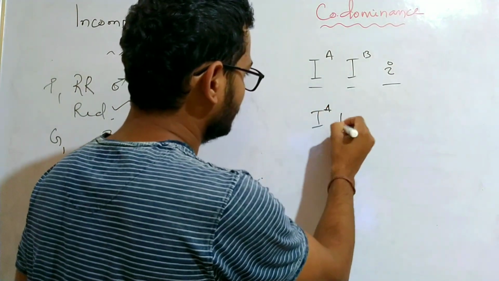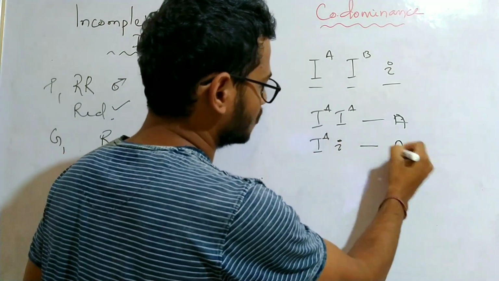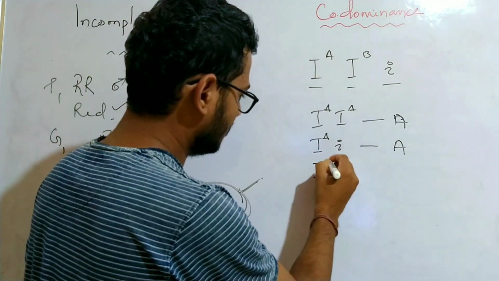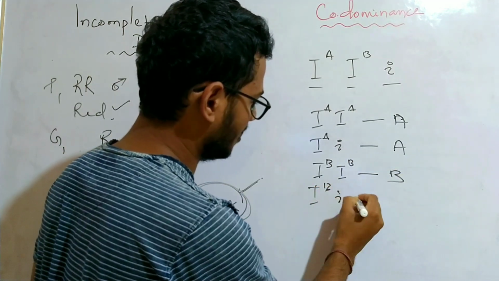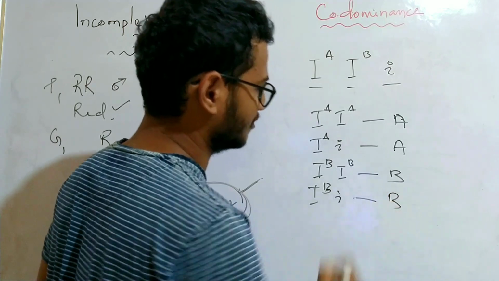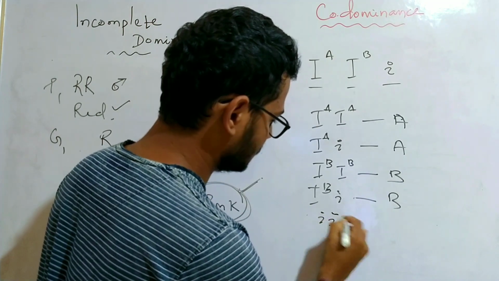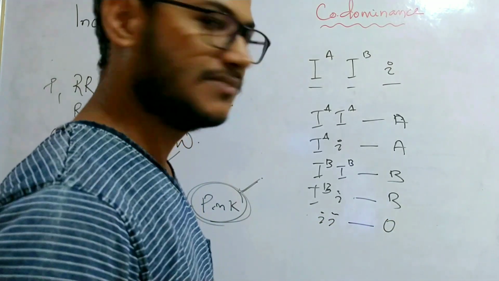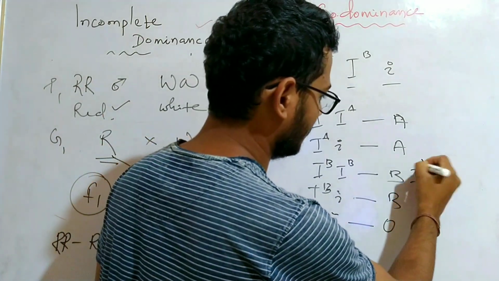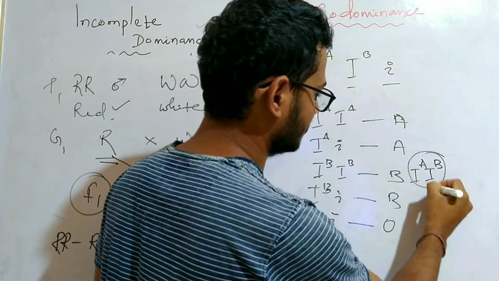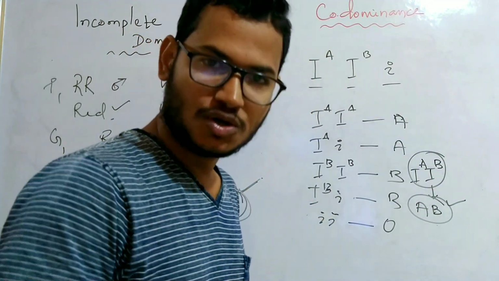So IA IA represents A blood group. IA small i also represents A blood group. Clear? IB IB represents B blood group. Likewise, IB small i represents the B blood group. When only small i is present, it represents O blood group. And another blood group we know is the AB blood group. When IA and IB, these two alleles, are present together, it represents AB blood group, which is an example of codominance.